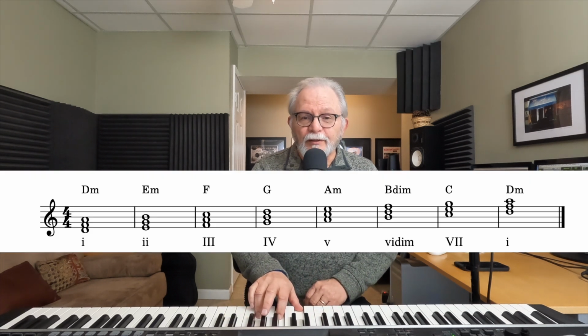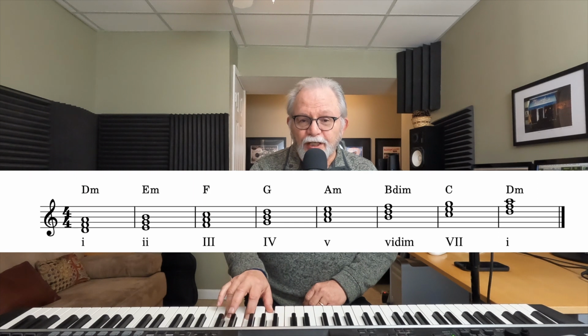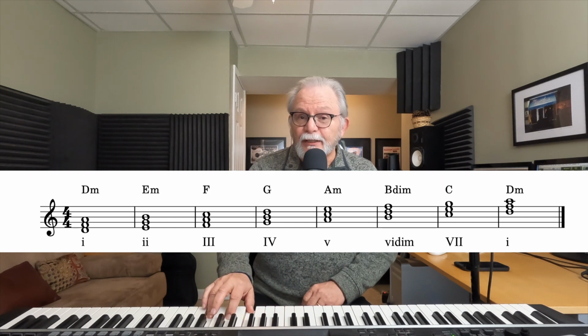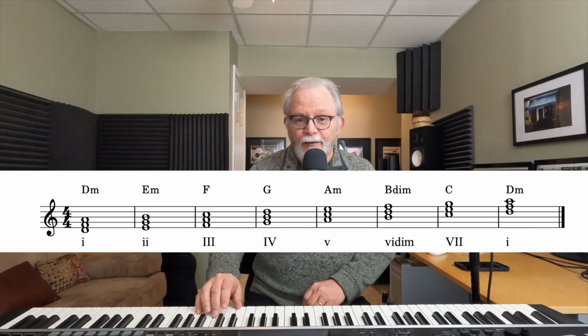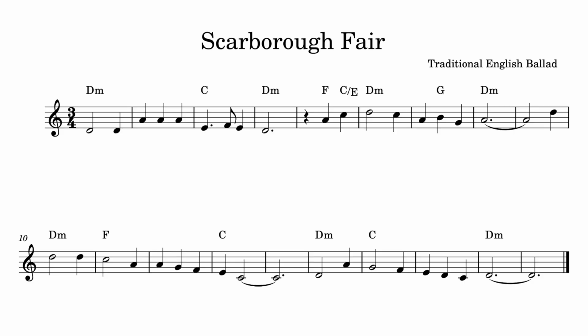you remember we end up with these chords: D minor, E minor, F, G, A minor, B diminished, and there is C, the second chord in this song, and it resolves to D minor. So we have D minor, C, D minor.